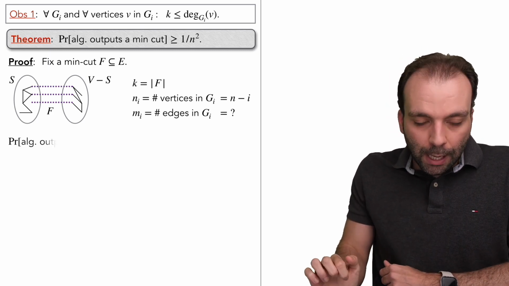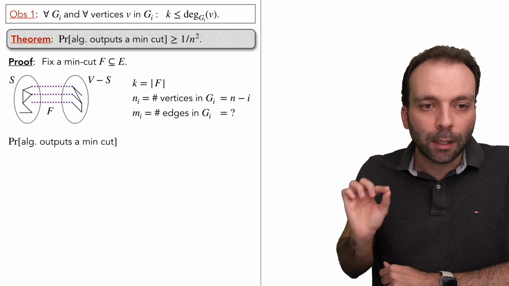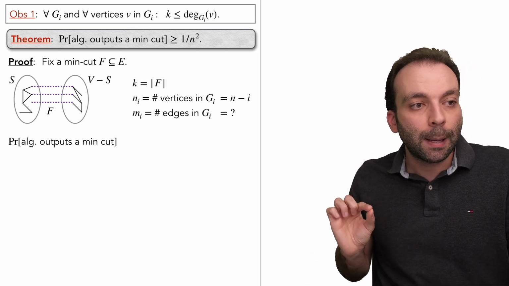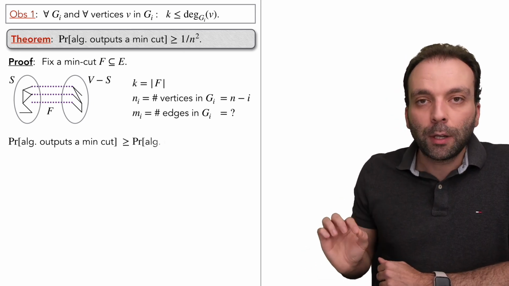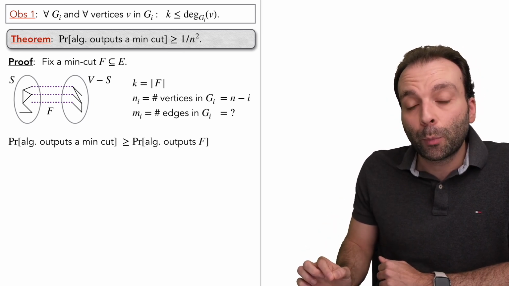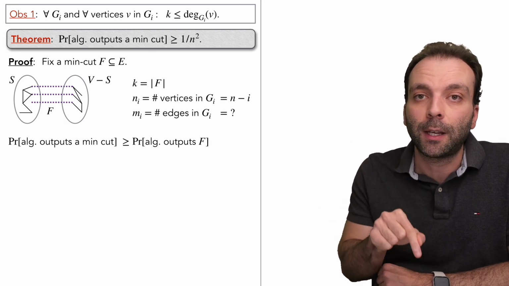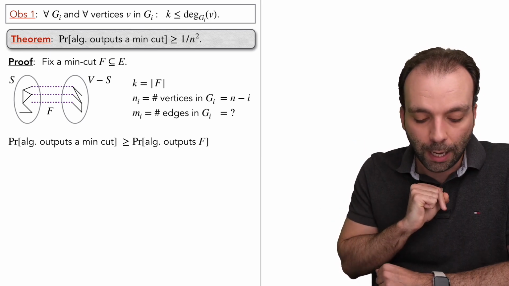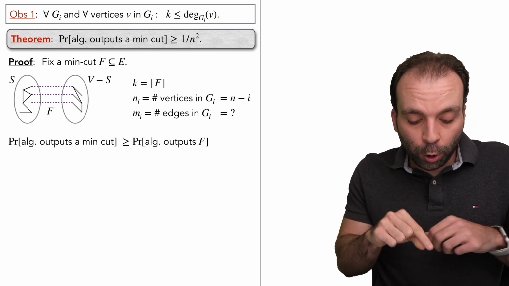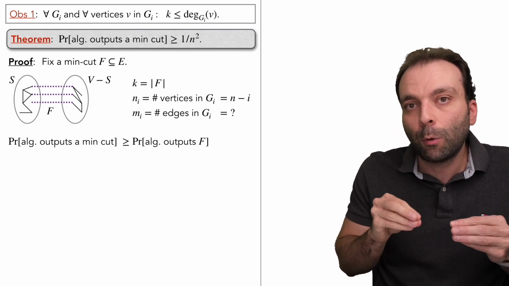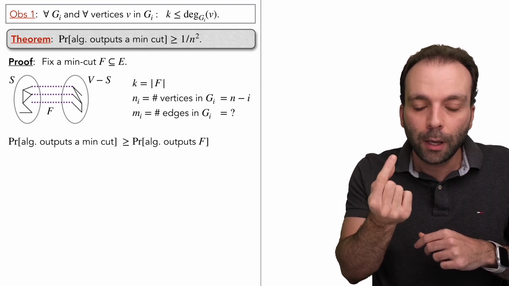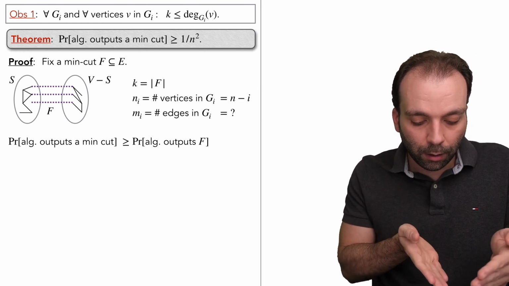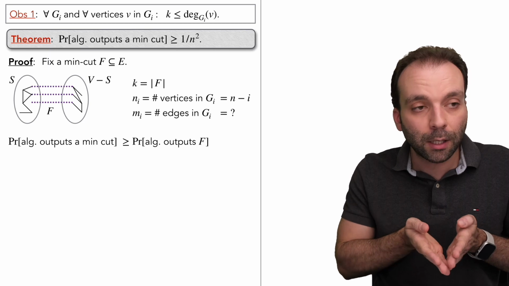Good. Now, the probability that I'm interested in is the probability that the algorithm outputs a minimum cut, right? And this is lower bounded by the probability that the algorithm outputs this particular min cut that I fixed, F, okay? The inequality here could be an equality if there's exactly one minimum cut in the graph, since I'm fixing my minimum cut to that one.